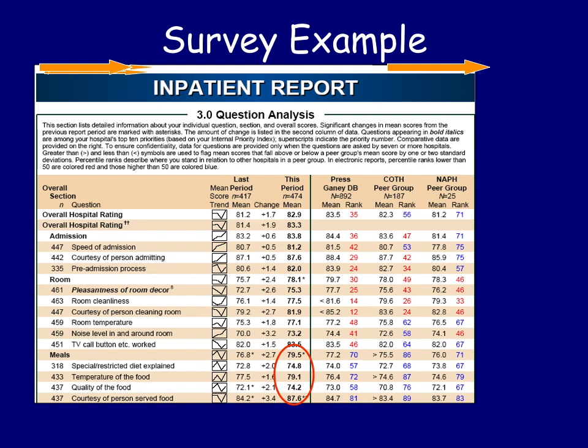You can see within the results that there is a section devoted to meals. I've got some of that data circled here in the red oval on the screen. For the meals, you can see that the results for the questions vary.